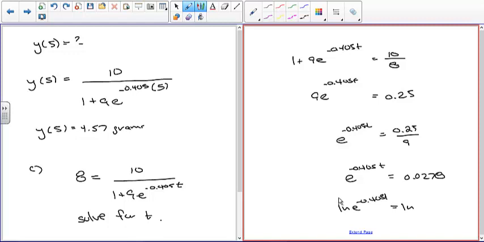And something's wrong. What did I do wrong? Did I do something wrong? Because that was like 3 point something. I did that earlier. Let me go back up here, see what I did wrong. No, you have to divide by 9 first.